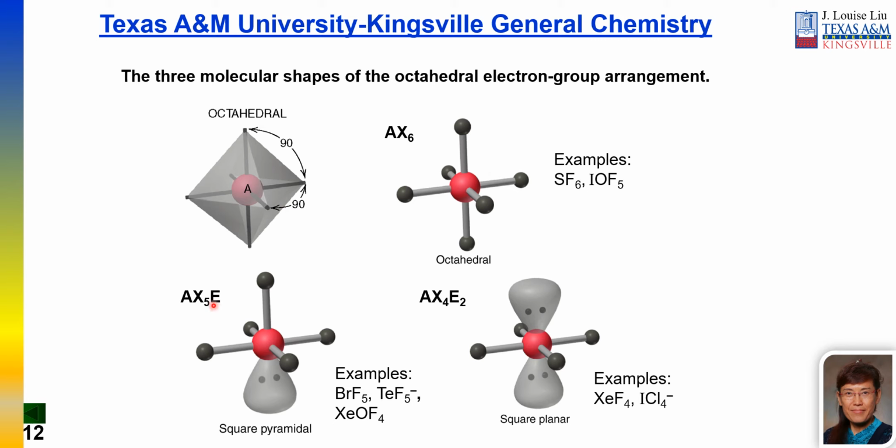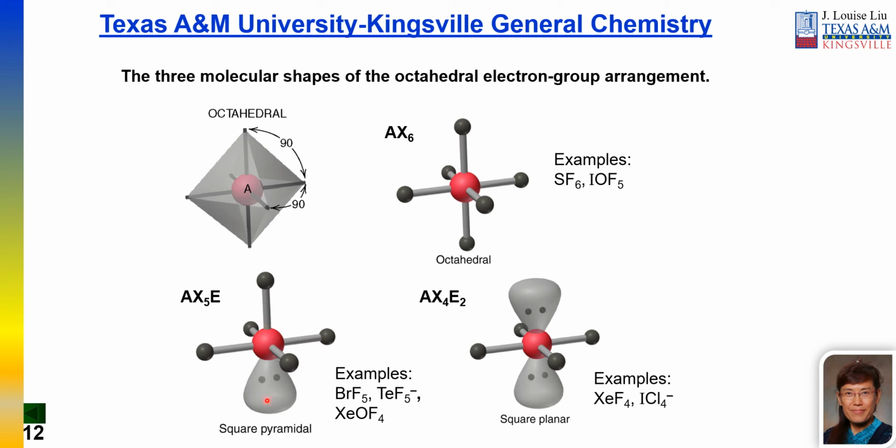If you have 1 electron pair, such as 1 lone pair, replacing one of the X, it becomes AX5E. In this case, you are going to form a square pyramidal structure. So these 4 surrounding atoms form a square planar arrangement, with 1 atom above.